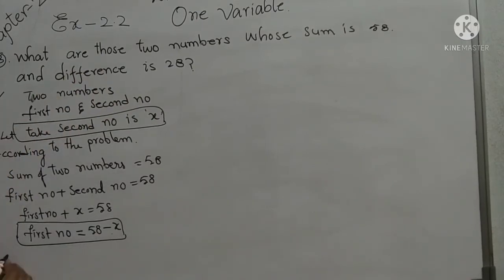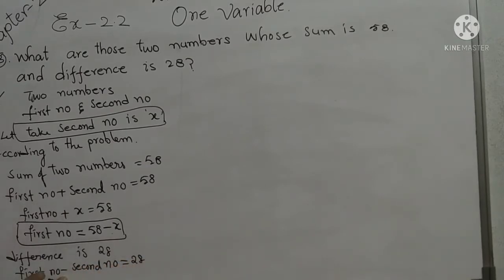Now, at the same time, the difference is 28. So according to the problem, the difference is 28. It means first number minus second number is equal to 28.